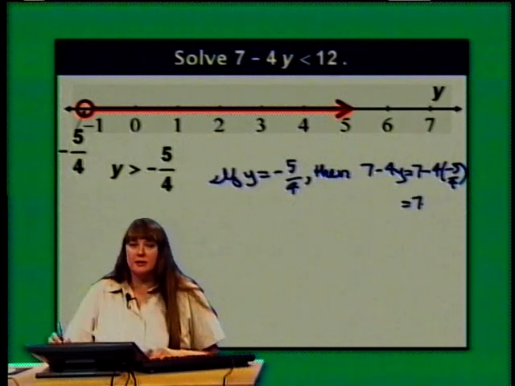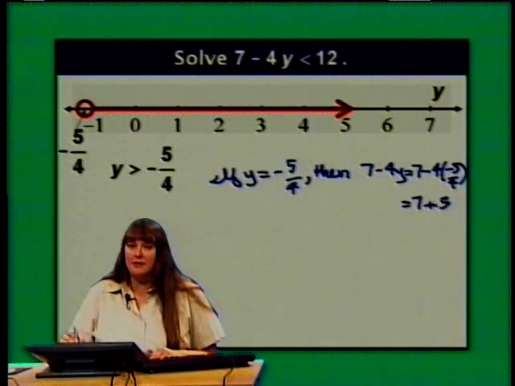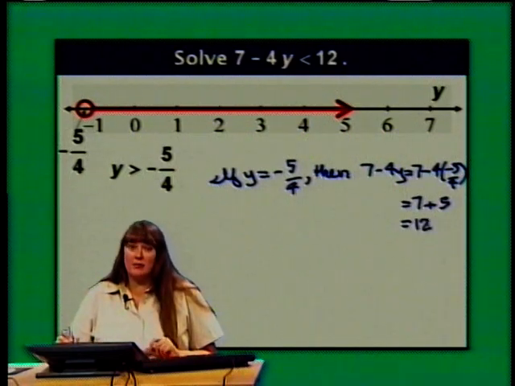And that's 7 plus, negative times negative is positive. 4 goes into 4 one time. 1 times 5 is 5. 7 plus 5 is 12. Exactly what I wanted. The right-hand side of the inequality is 12. So I have equality at the endpoint.